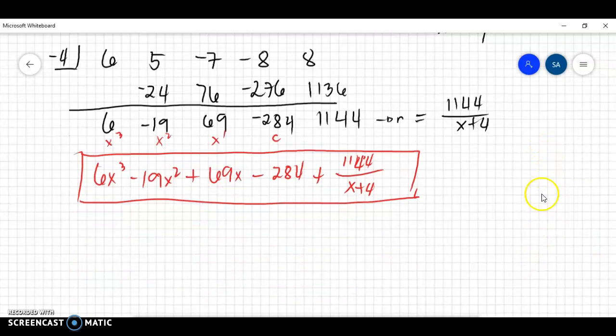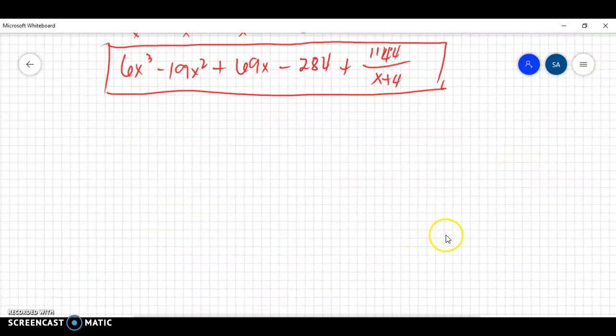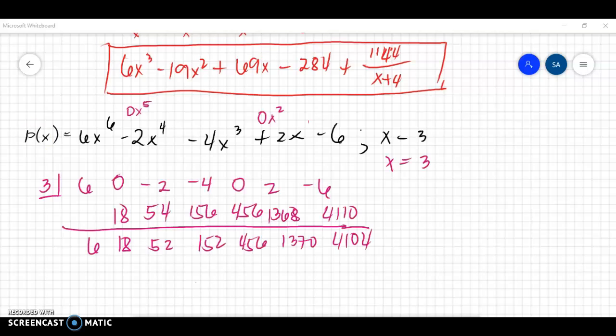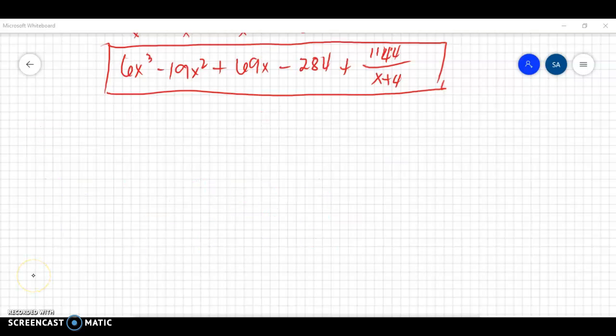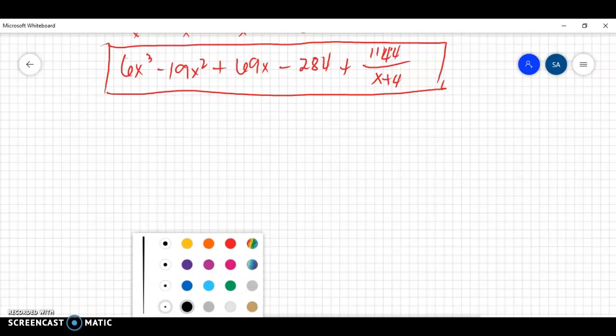Let's have another example. Now, kapag wala namang remainder, so hindi nyo na kailangang ilagay yung remainder. For example, instead of meron siyang natirang 1144, you only have 0.